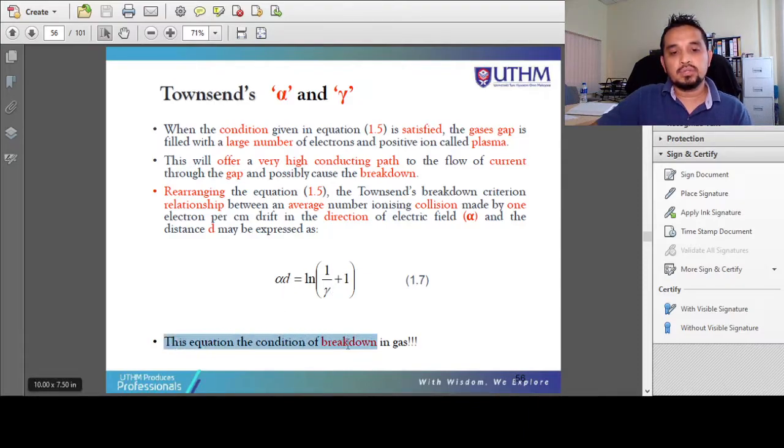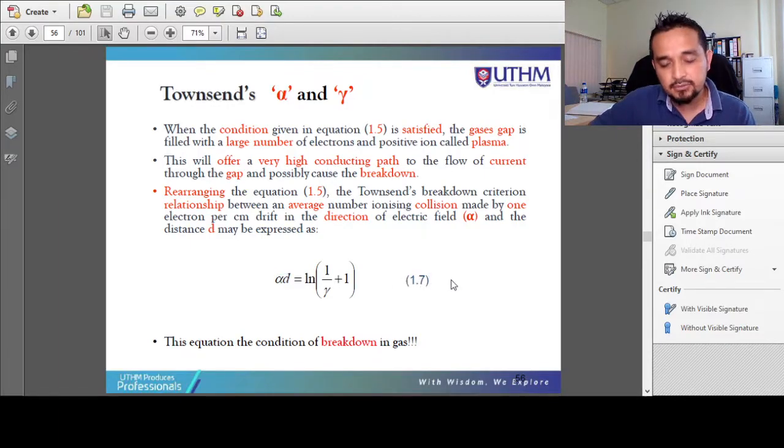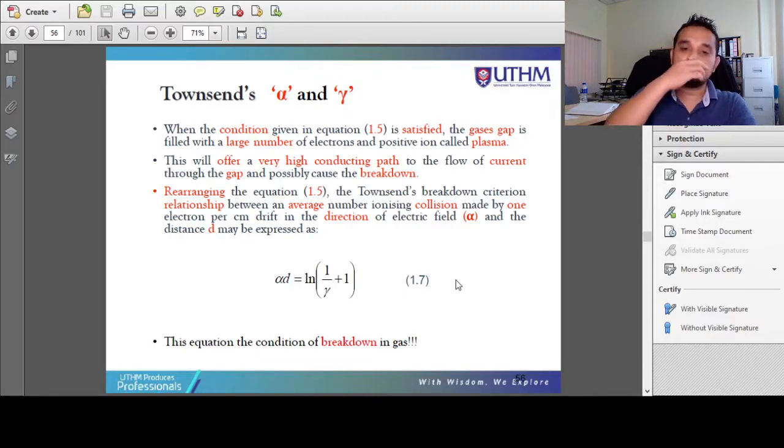This equation is the condition of breakdown in the gas. This formula, equation 1.7 here, is the one that we will use in many numerical calculations later.